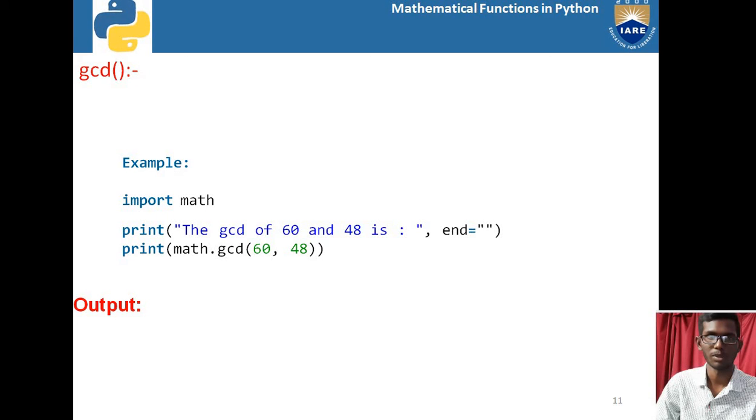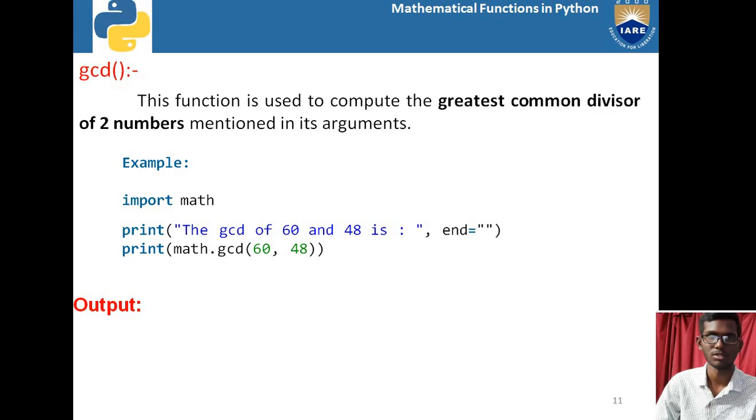GCD full form is greatest common divisor. This function is used to compute the greatest common divisor of two numbers mentioned in its argument. I will take an example. Import math. This is common for all programs because we are taking the math function from inbuilt Python. A equal to 60, b equal to 48.